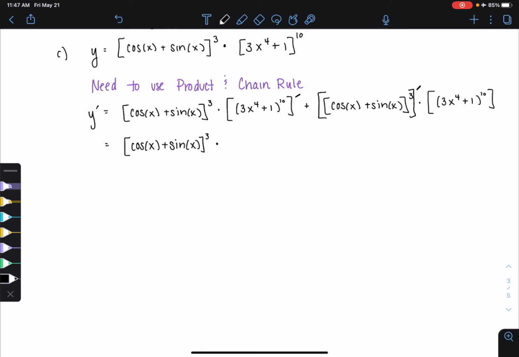Derivative of 3x to the 4th plus 1 to the 10th. Applying chain rule, we bring the power down, decrease the power by 1 to give us the 9th. Chain rule now tells us we have to take the derivative of the inside. So again, going to not jump into it, just say I need to take this derivative of the inside.